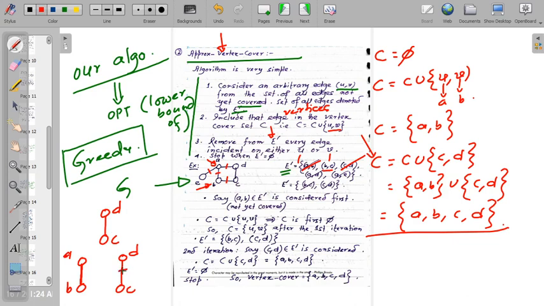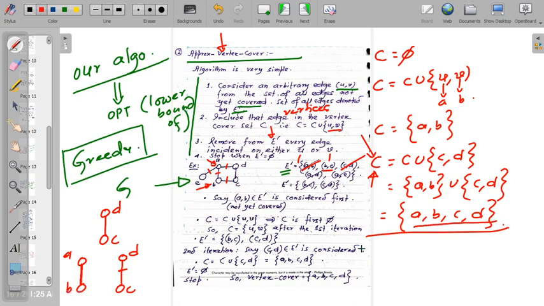Next, this edge was considered, and then we have this CD inside this set C. So you see here we have 5 vertices. The approx vertex cover is ABCD, right?